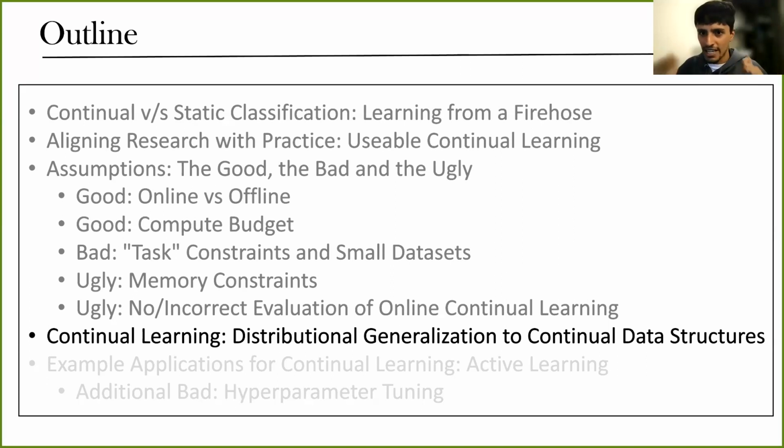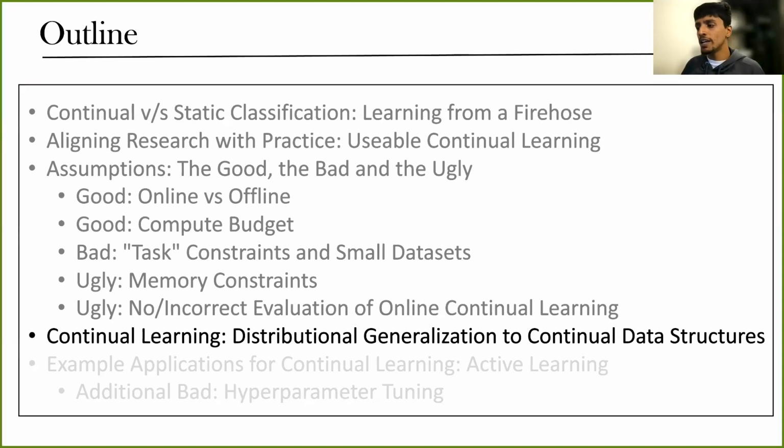Use them as edge cases and don't make any distributional assumptions, and evaluate on different such streams so that you're robust across all of these edge cases. Don't use memory constraints, and if you're doing online continual learning, measure rapid adaptation carefully. Don't measure online accuracy without checking if you're just overfitting to the latest data. This is a summary of the past things.